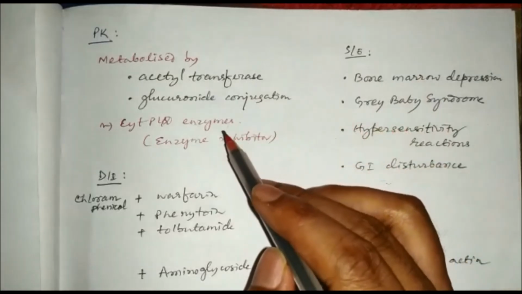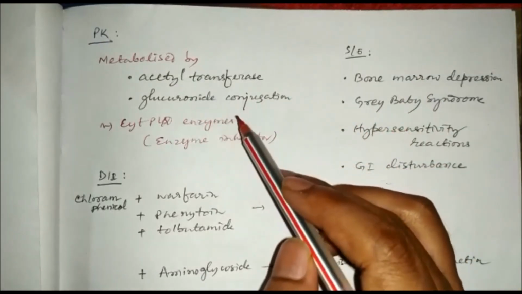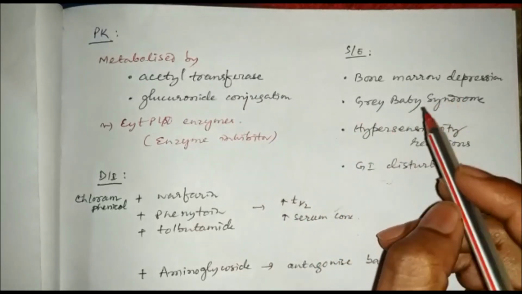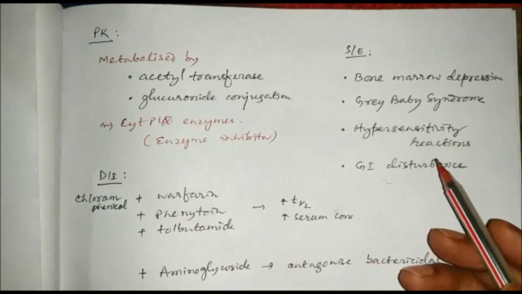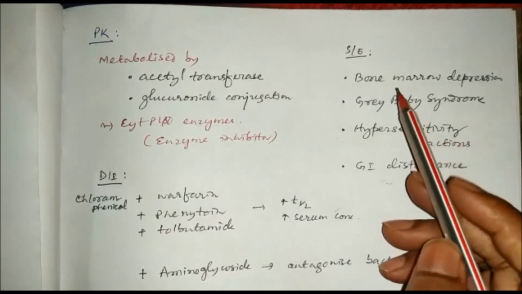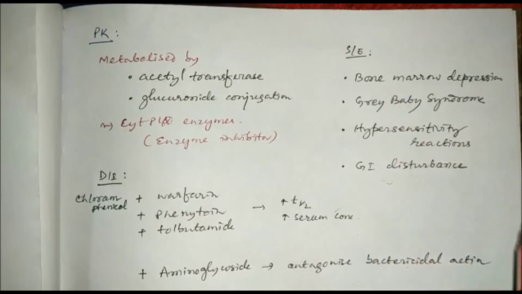So this metabolism does not occur, and chloramphenicol accumulates and causes grey baby syndrome. Then there can also be hypersensitivity reaction and gastrointestinal disturbances. So the major side effects are bone marrow depression and grey baby syndrome.